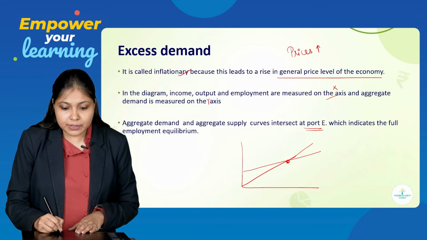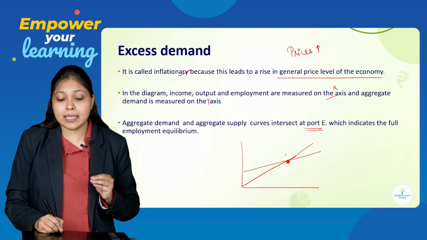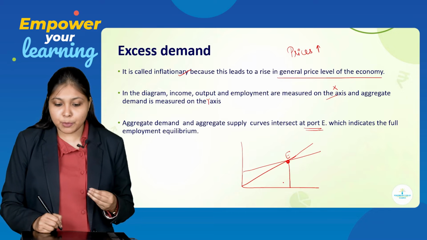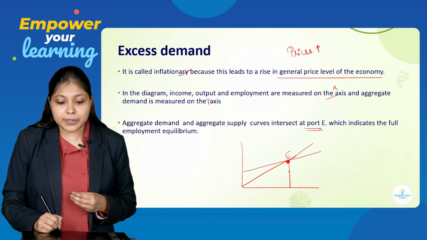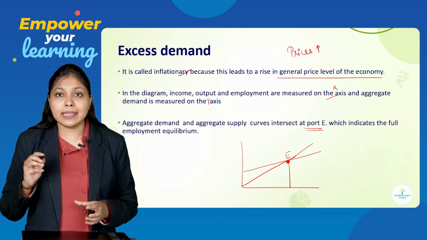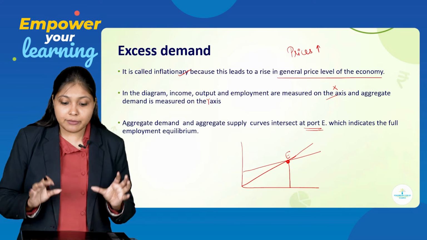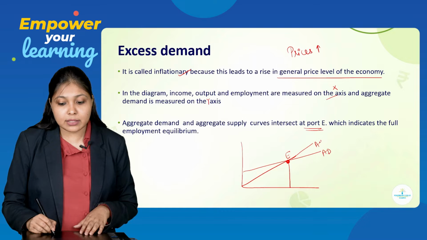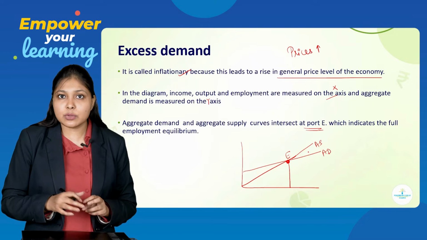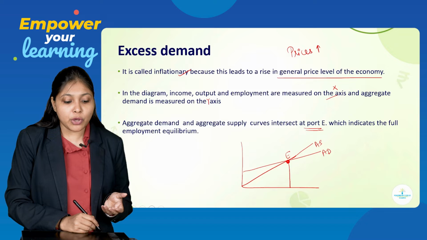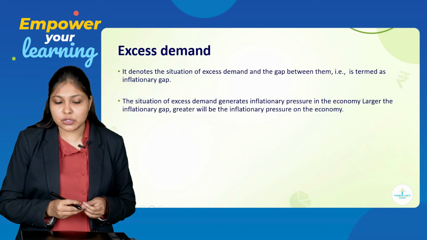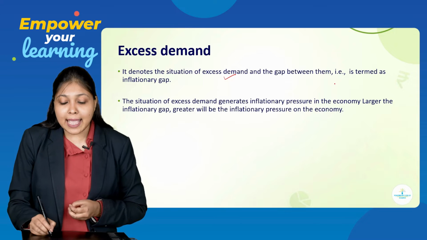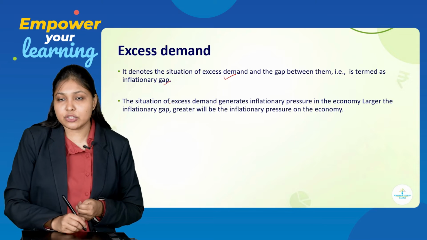The point at which they are intersecting is the equilibrium point. This will be the equilibrium income, output and employment, and this point is where the AD and AS curves intersect each other, and this situation is the full employment equilibrium. This denotes the situation of excess demand, and the gap between them is termed the inflationary gap.